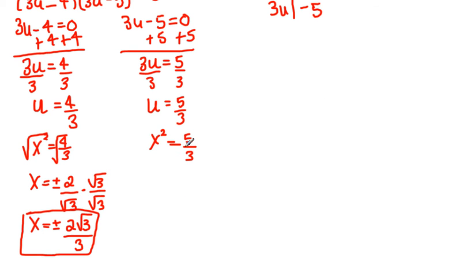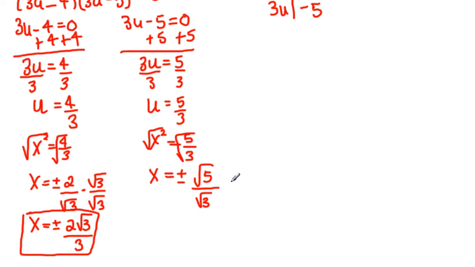I have to do the same process for the one on the right. Take the square root of both sides. That leaves us with x equals plus or minus the square root of 5 over the square root of 3.